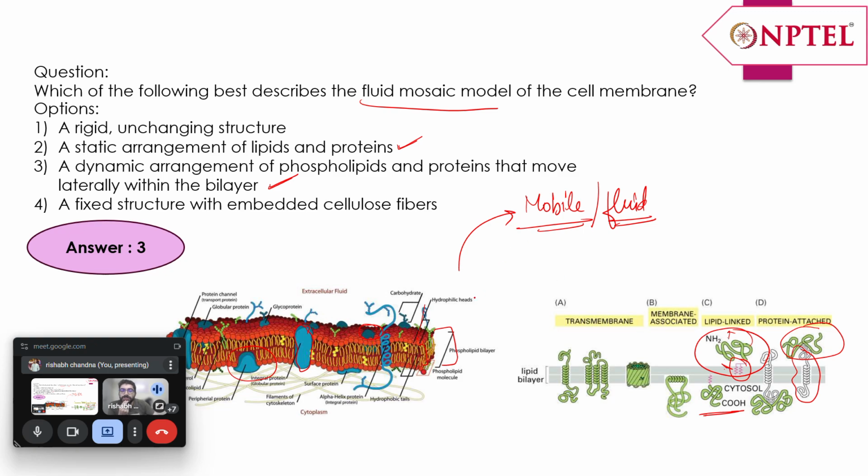What we mean by fluid in nature is that if the cell grows, it is expandable because of the presence of these phospholipids. Or vice versa, if a cell has grown, then it can shrink to its normal size. So this was the first part.